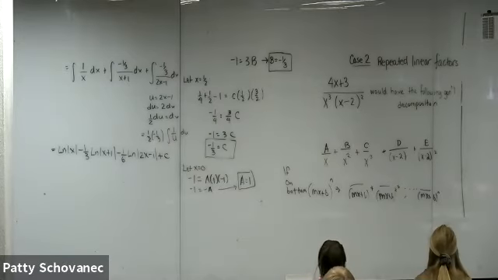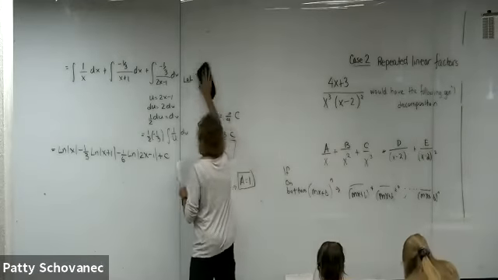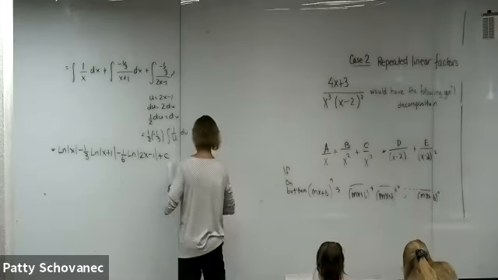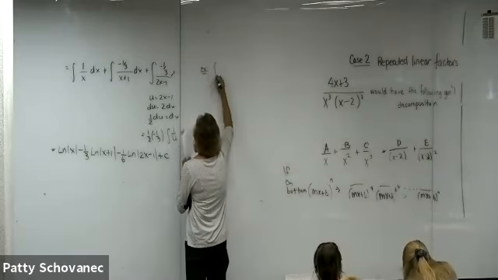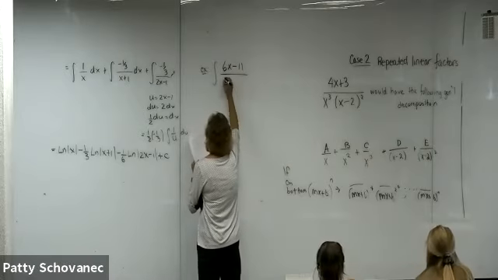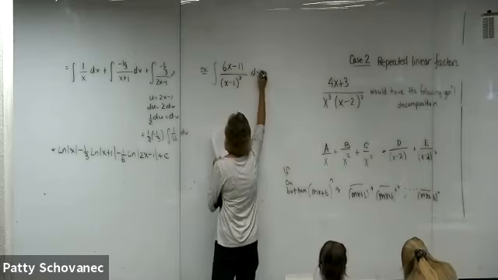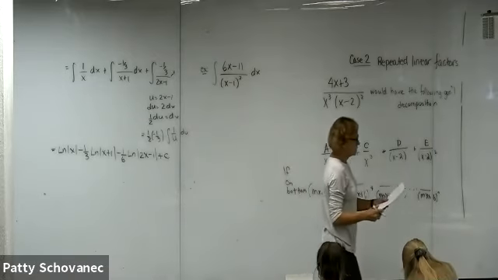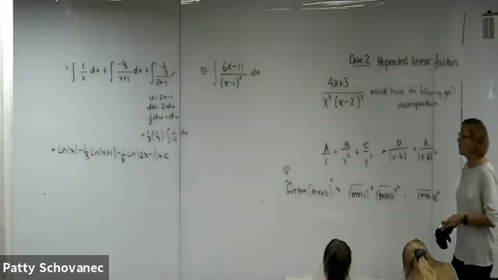Let's take 6x minus 11 divided by x minus 1 all squared. The denominator, if you multiplied it out, would be an x squared. The numerator is x to the first, so it is a fraction in reduced form.